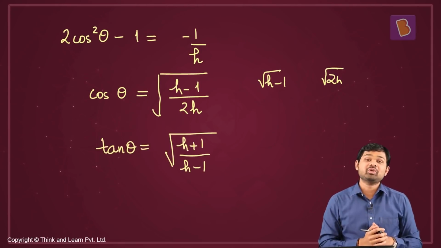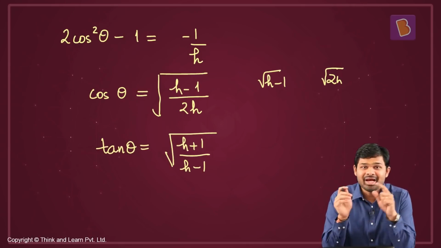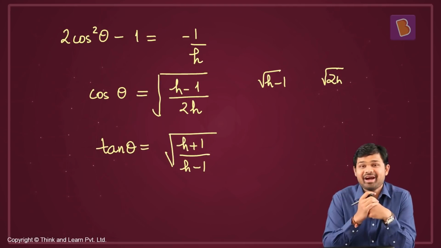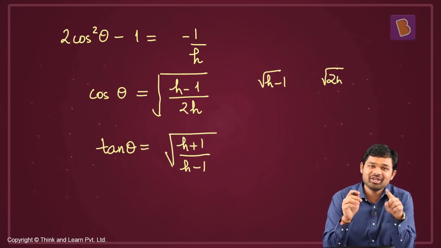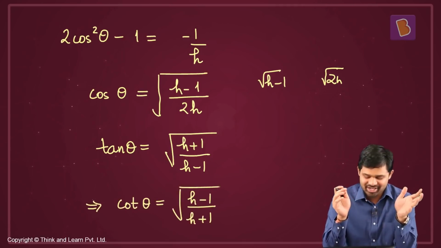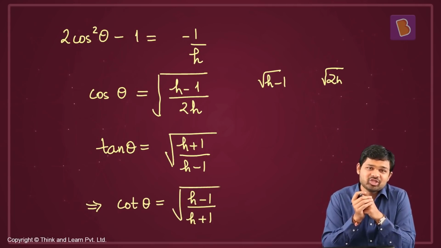Tan theta, if you compute, will be equal to under root of h plus 1 divided by h minus 1. Now the option says cot theta is equal to under root of h minus 1 divided by h plus 1. So if tan is under root of h plus 1 divided by h minus 1, then cot has to be under root of h minus 1 divided by h plus 1. It was a very convoluted way of arriving at the solution.